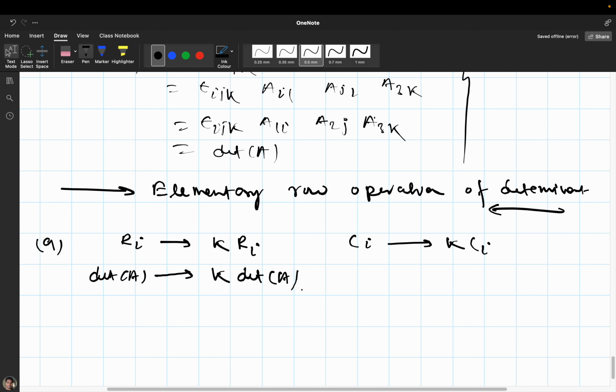Can you prove this? Yes, sir. How? If we take any square matrix and we multiply any scalar quantity in one of the rows or one of the columns, then by taking this value common, the value of the determinant changes by that factor.